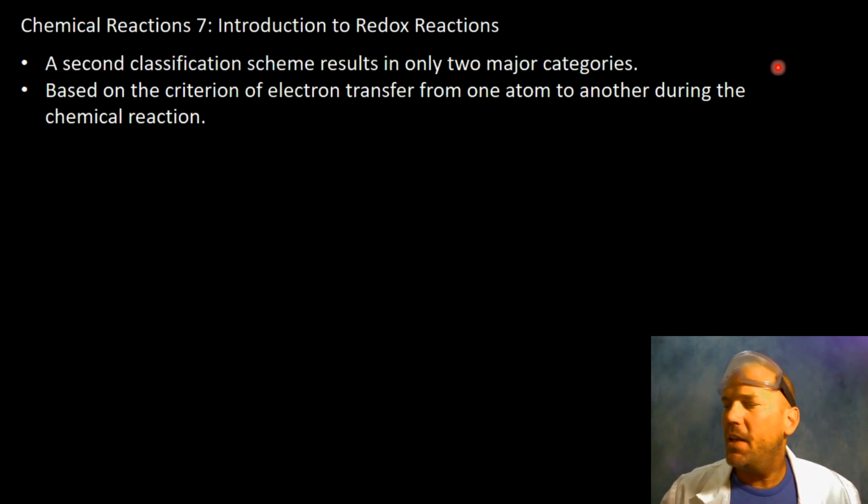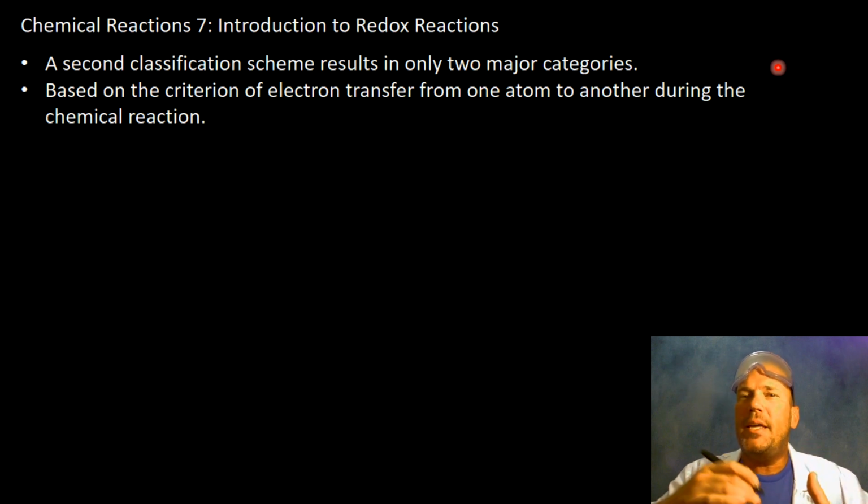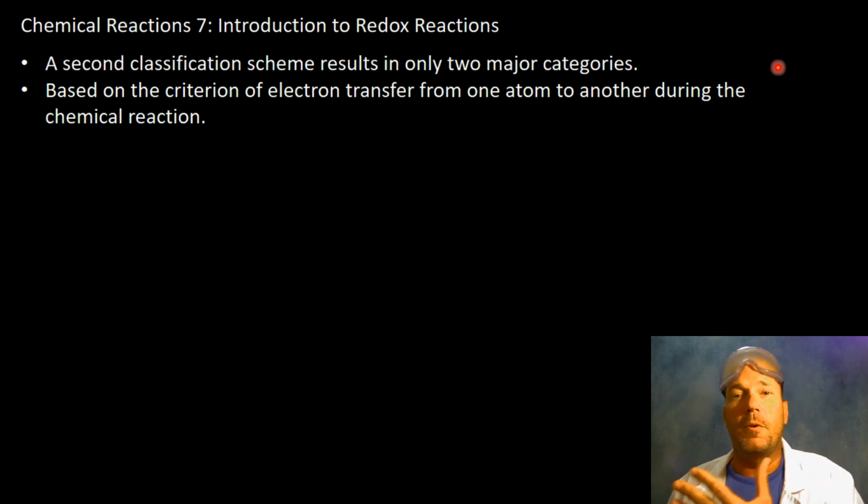Hey guys, we're going to go ahead and get started with Chemical Reactions podcast number 7, which is an introduction to redox reactions. So up until this point, you've been learning about how to categorize reactions based on how species behave and interact with one another to form products.